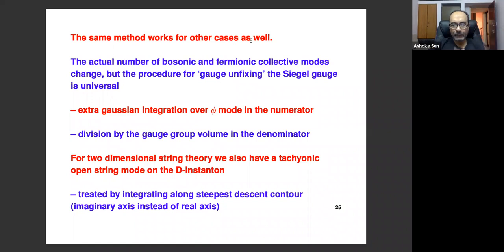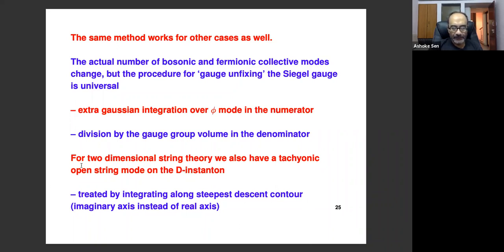But otherwise, the calculation is similar, and the other complication is basically that you have to do the integration over the Calabi-Yau manifold, and that sometimes involves technical hardship. But as I said, there are no divergences that you have to deal with in those complications. So the exact Gaussian integration over the modes in the numerator arises as before, and we have the division by the gauge group volume in the denominator, again as before.